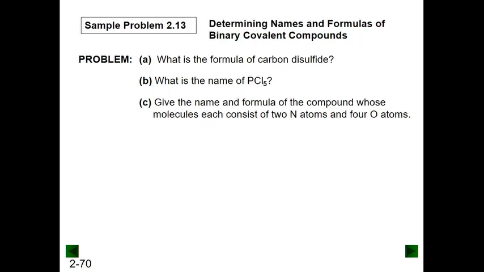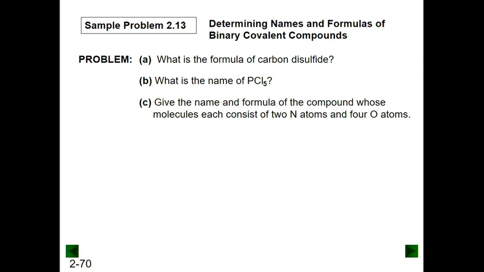So let me give you the namings for this. In this case, we have carbon disulfide. We know that we have carbon, and then we have S2. Carbon disulfide is CS2. In this case, we have phosphorus pentachloride.